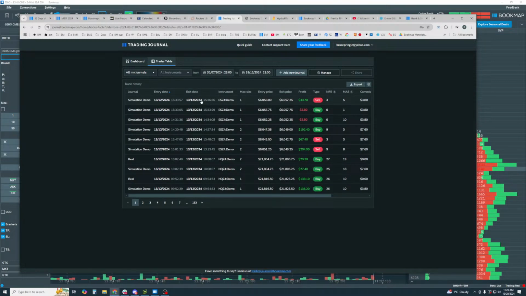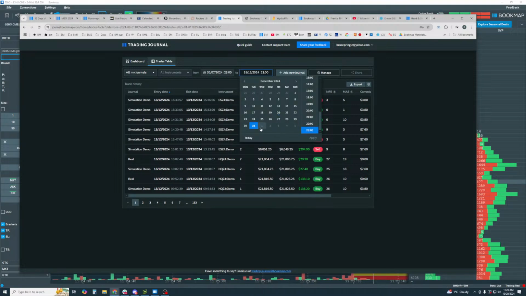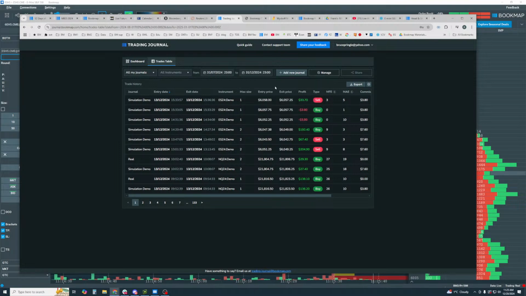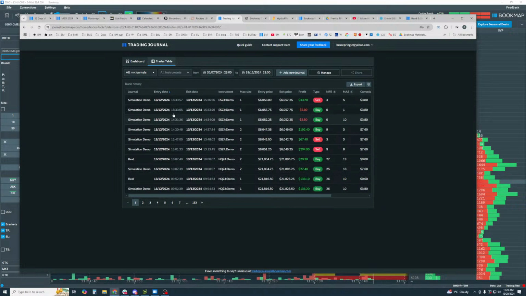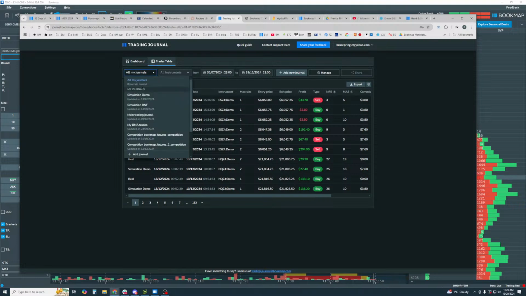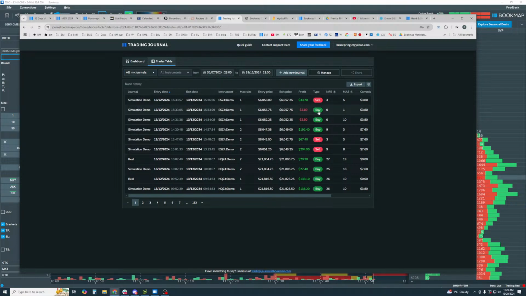This is the one we just took, I think, here, right? No, it's not it. Should be entry date. All trading journals should show up.